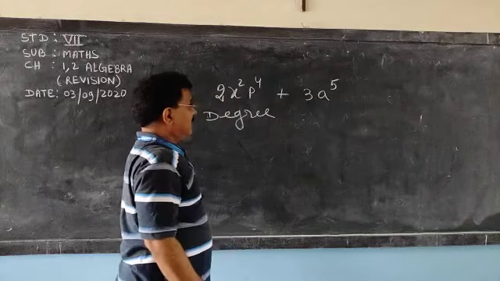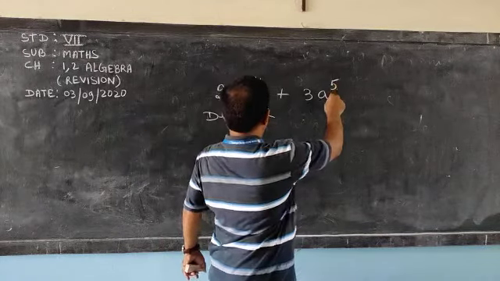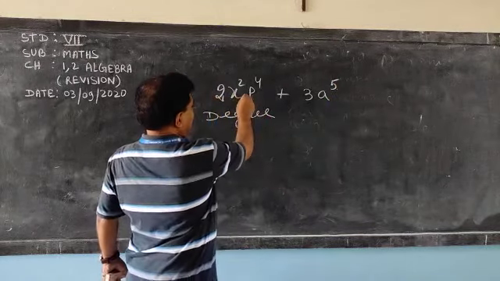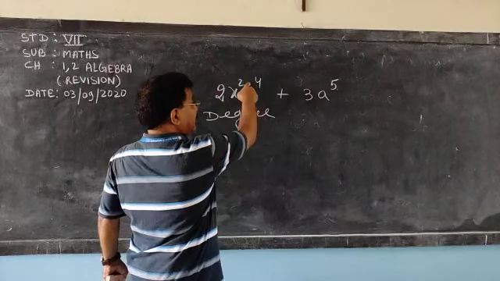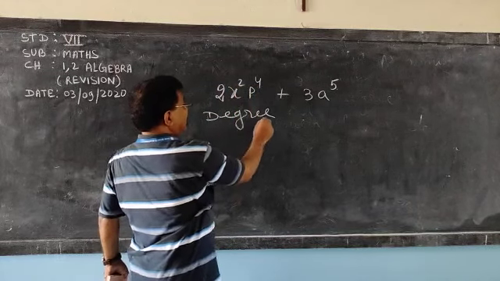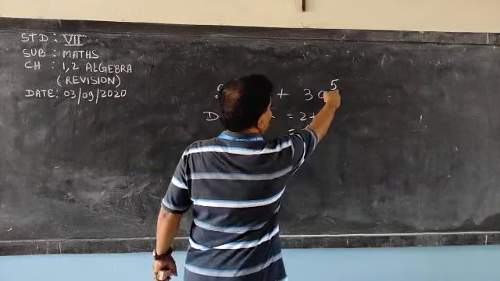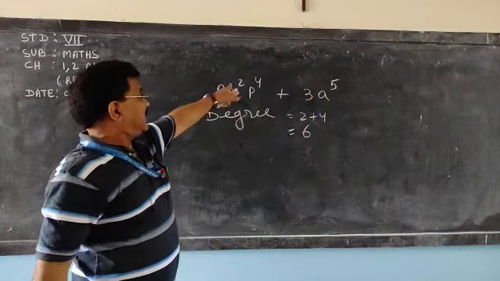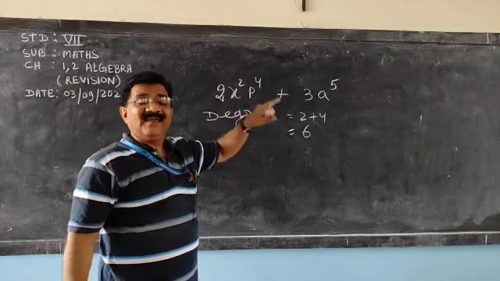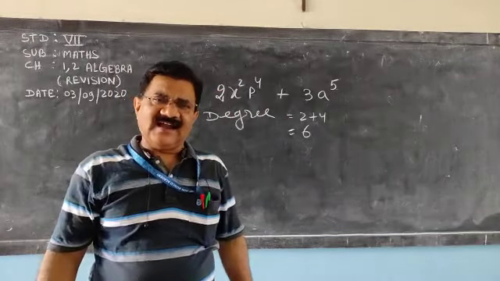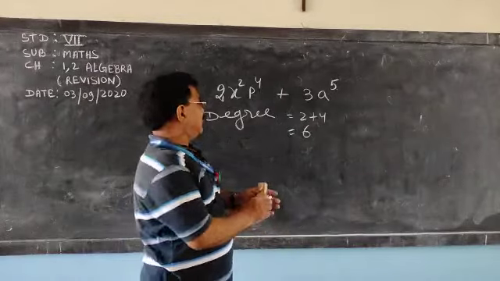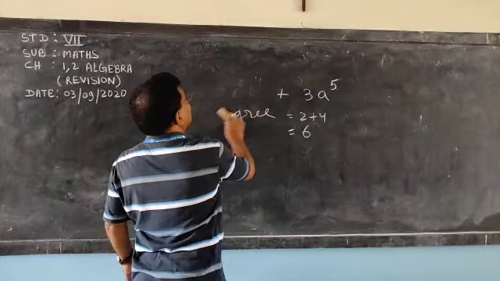See here, p to the power 4 is alone and here the variables are multiplied. Here the powers will be added. The degree will become 2 plus 4, meaning 6, not 5, because in the highest power the powers will be added. So that part is clear. We have understood about the degree of a polynomial.